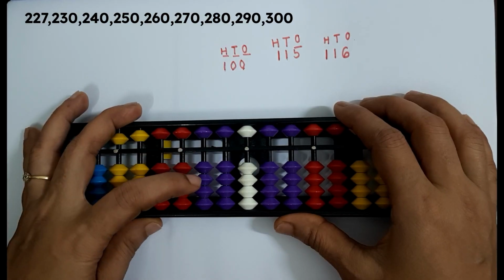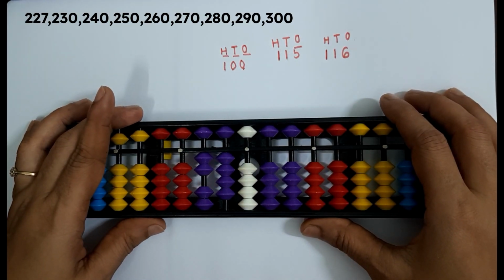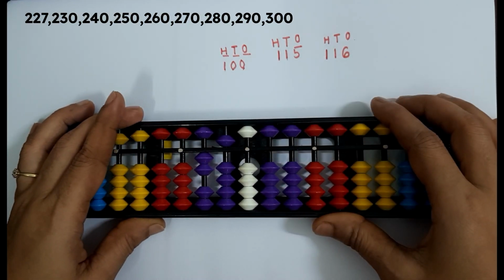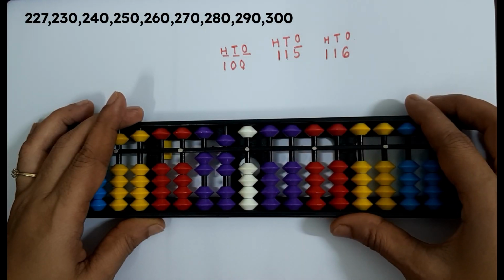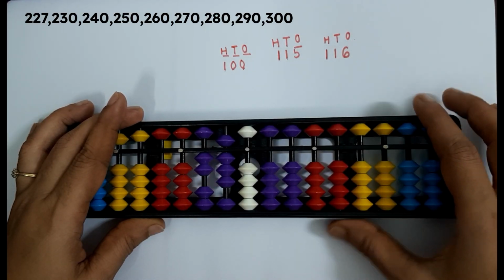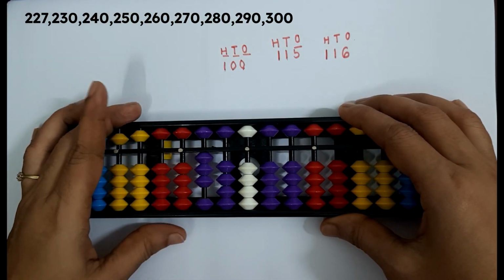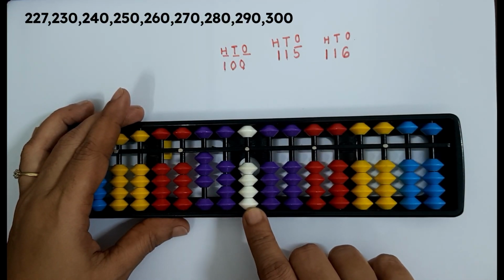Then 240, 2 at hundreds place, 4 at tens place and 0 at ones place. Then 250, 260, this is 270, this is 280, then 290. 300, 3 at hundreds place, 0 at tens place and 0 at ones place.